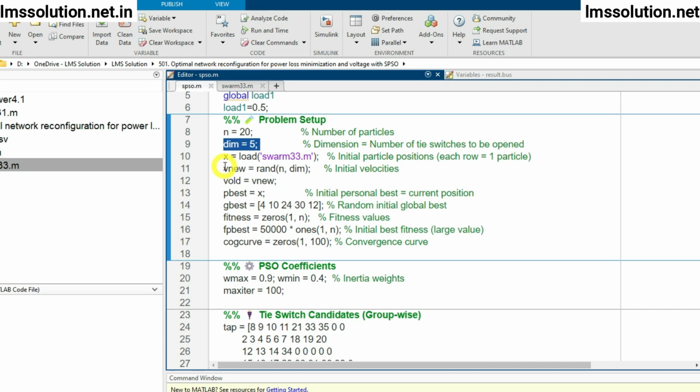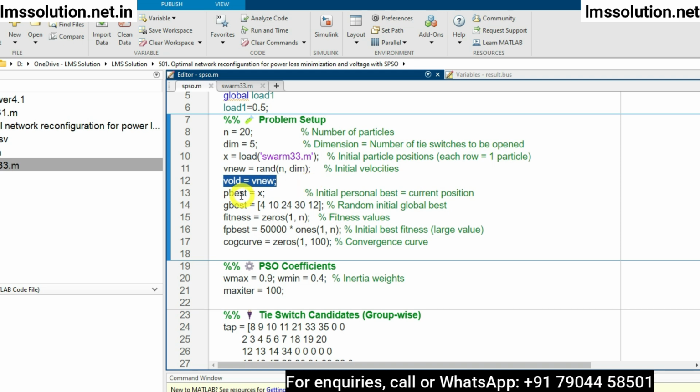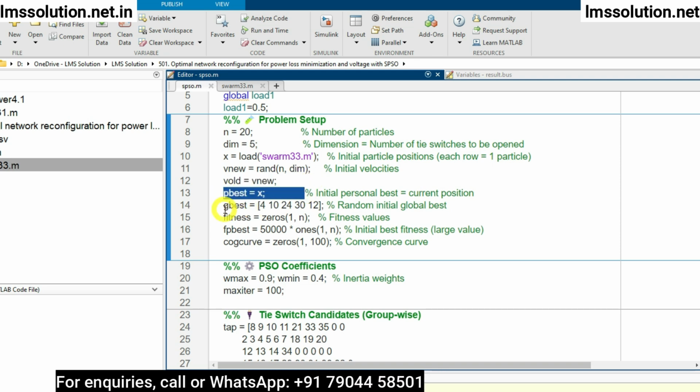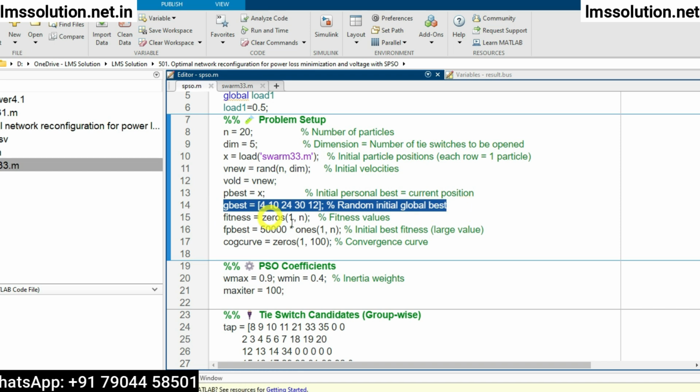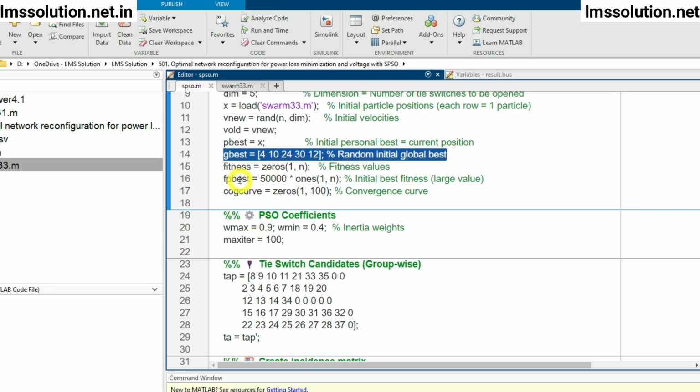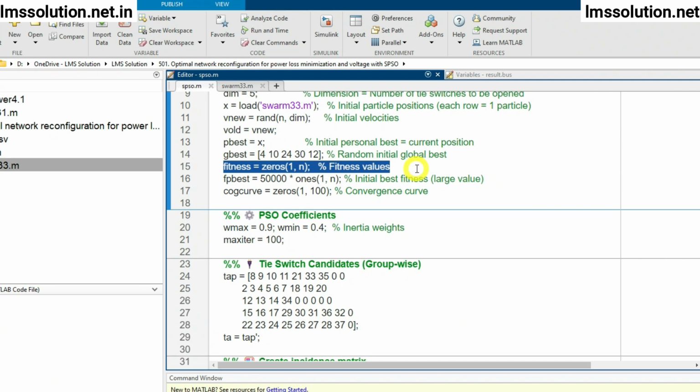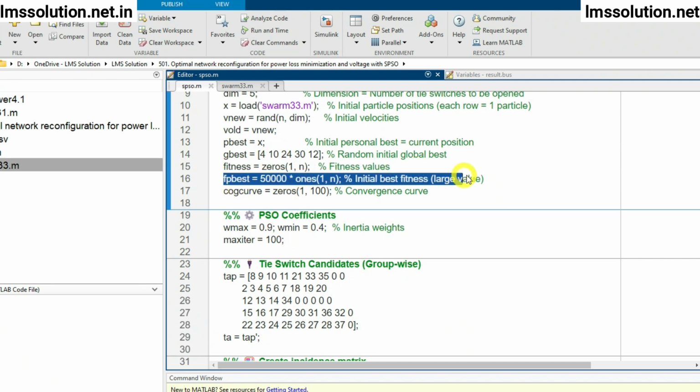Next we are generating a random velocity, that means we are taking the old equal to the initial velocity, population best, and global best. So these are random values. The initial fitness we are taking as 0, and the initial best value we consider as 50,000.